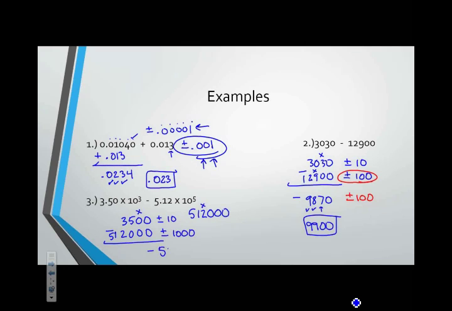I get negative 508,500. My uncertainty right now is not in the thousands place because my last significant figure is not in the thousands place. So I need this digit and this digit and this digit, and every other digit is going to become a 0. I have to round up because that next digit was a 5. And then I have placeholder zeros so that I make sure I have the number as large as it needs to be.